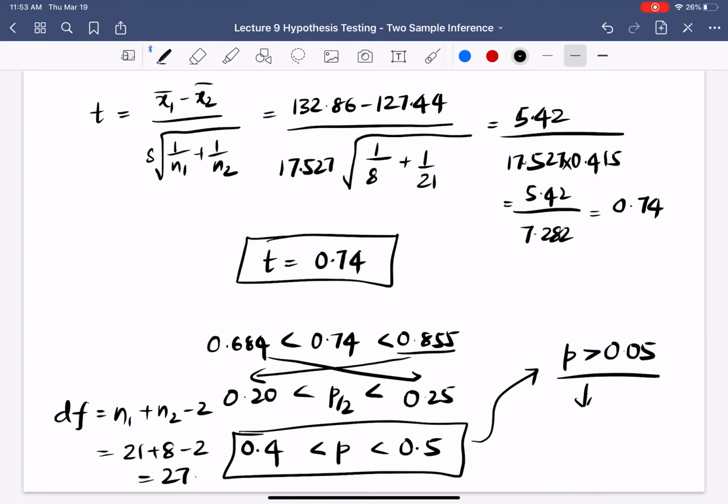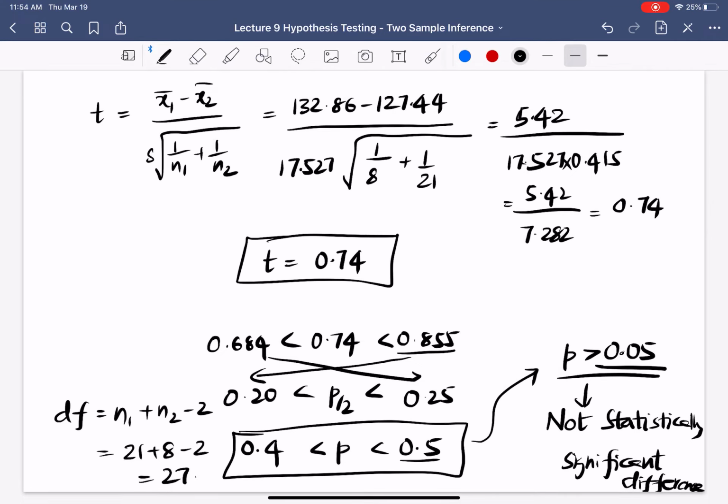So now we can say that it's not statistically significant. Right? Don't forget that this is 0.5 and the cutoff is 0.05. Now this is not statistically significant difference. So here it's not statistically significant difference.